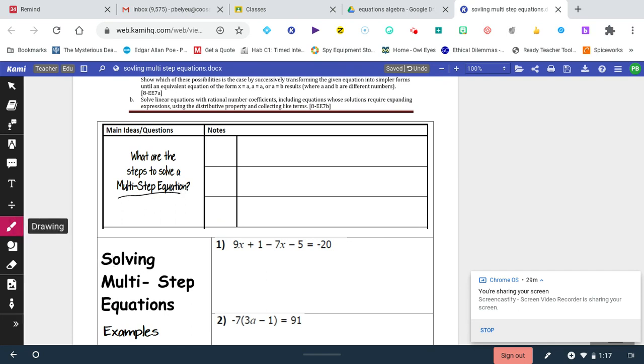All right, to solve multi-step equations, it's pretty simple. What you want to do first is you want to remove parentheses by using the distributive property.